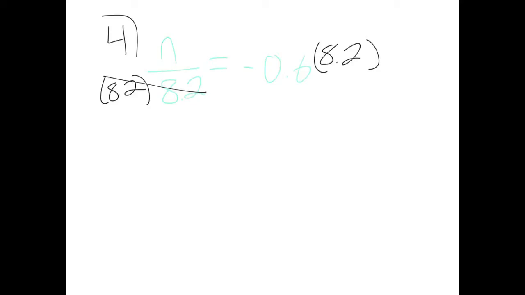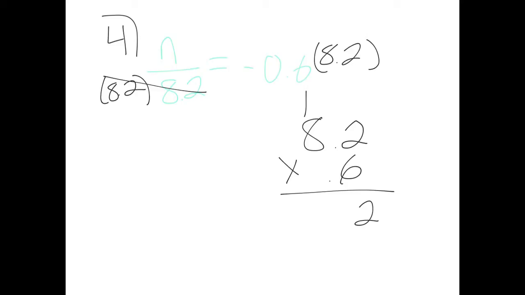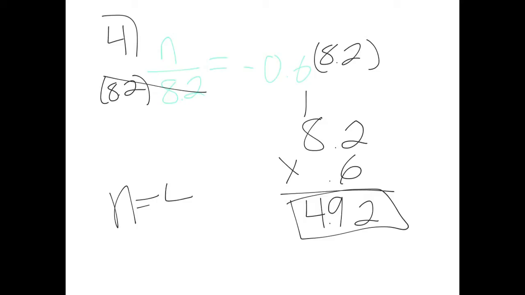So it's going to be 8.2 times 0.6, and that would get you to 49. So n equals 49, or 4 and 92 hundredths.